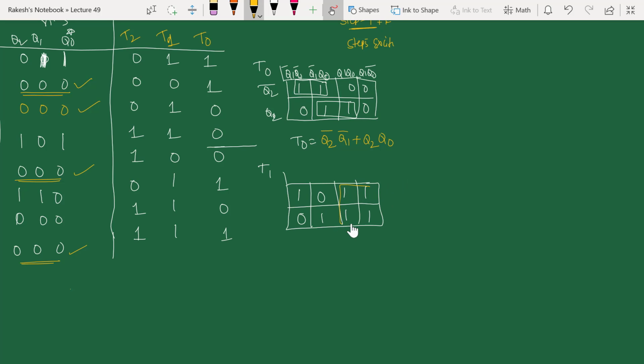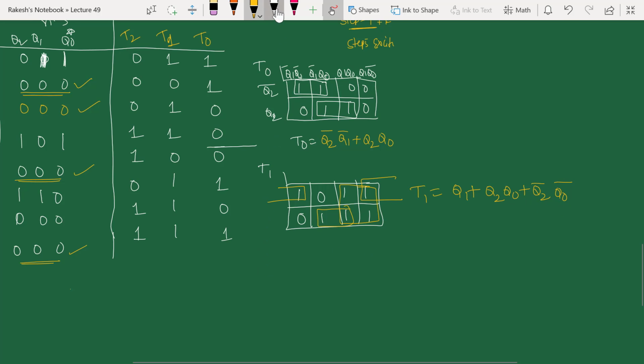This is one quad, this is one pair, and this one more pair here. So your T1 becomes, if you take this entire thing as a quad, you are going to get Q1, plus if you take this as a pair, it's going to be Q2 into Q0. If you take these 2 as a pair, it's going to be Q2 bar times Q0 bar.